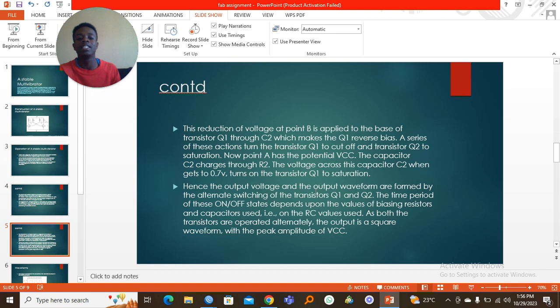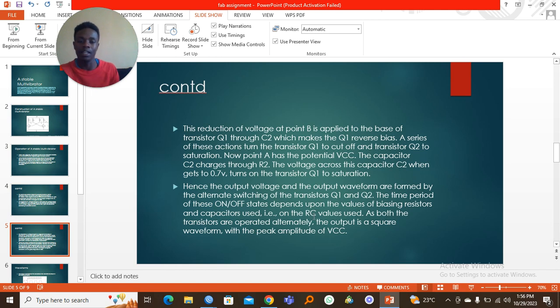Hence the output voltage and output waveform are formed, and they look like a square wave because one transistor is in off state when the other one is in on state. They keep interchanging. The time period of these on and off states depends upon the values of the biasing resistors and capacitors used.